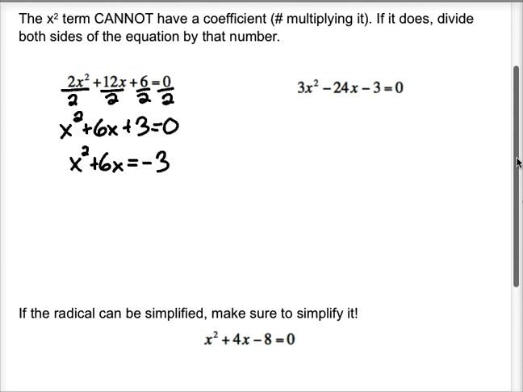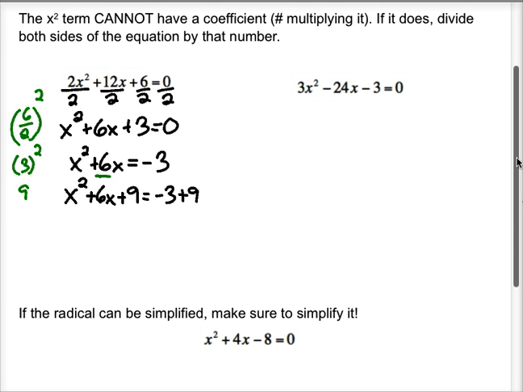Now we identify that b term, so that term with the x. And remember, we take b divided by 2 squared. So remember, I always do a little side work over here to get to that number. Once I get that magic number, I'm going to add to both sides.